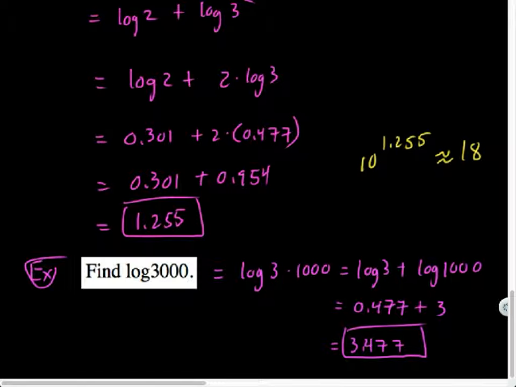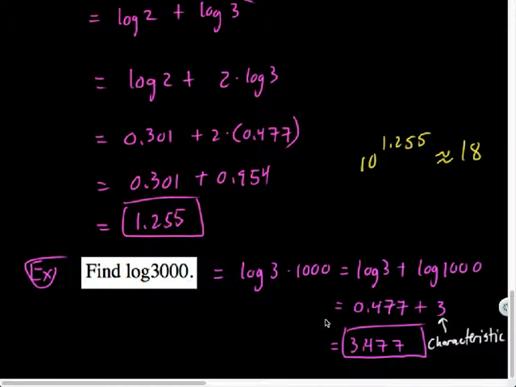Cool. And it turns out there's a couple little vocab terms I want to point out here. I'll properly define them in a moment, but this part here, the 3, is referred to as a characteristic. I ran out of room. That's so sad. Oh my goodness. Oh, what will I do?